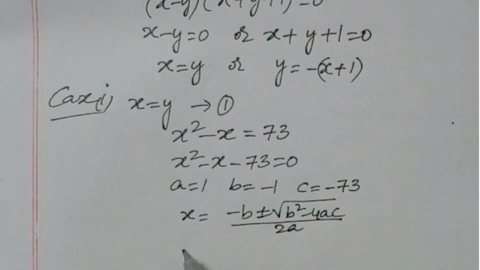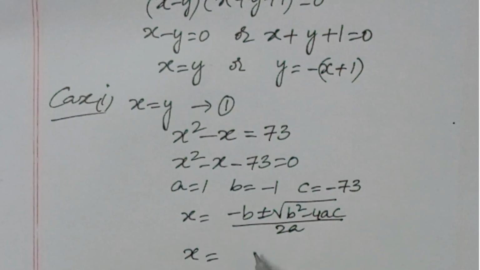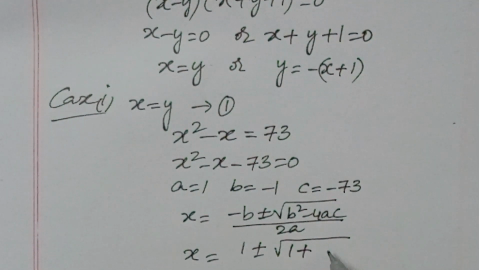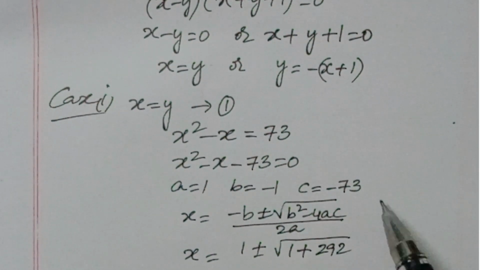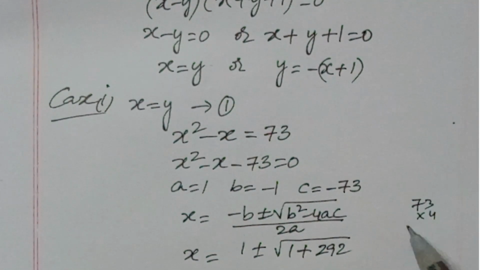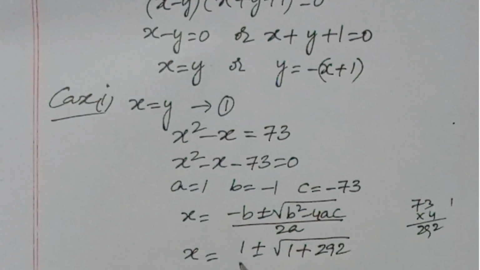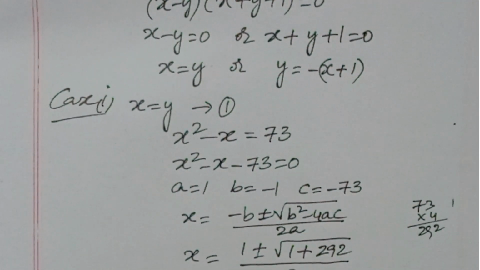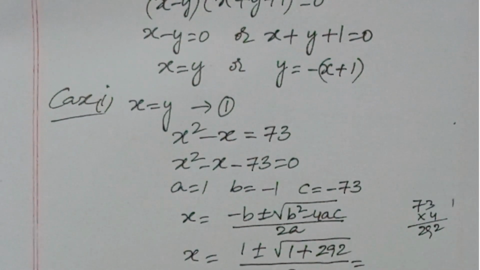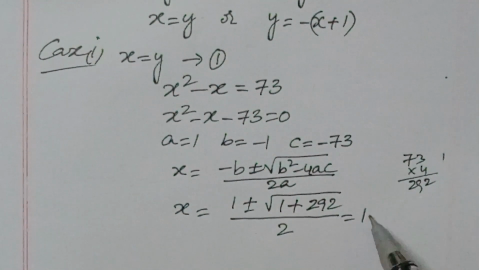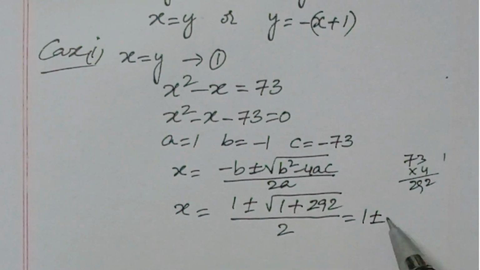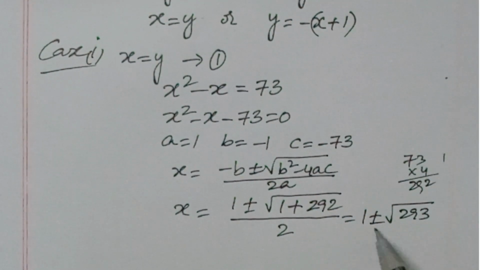Substituting the values, x is equal to 1 plus or minus root of b square, means 1 square, plus 4 into 73, which is 292, so we get 293, by 2a, which is 2. So the value is 1 plus or minus root of 293 by 2.